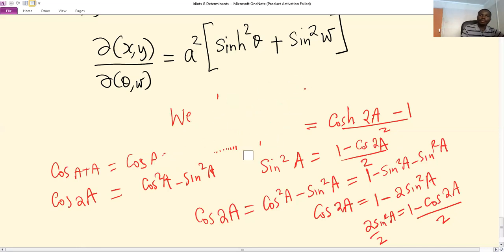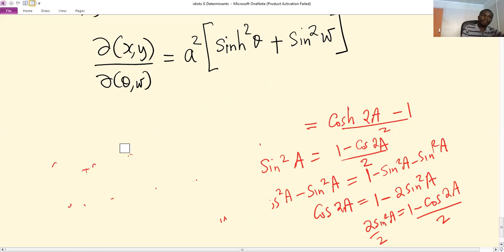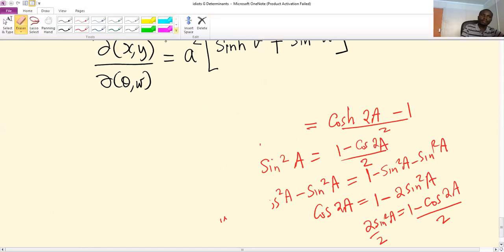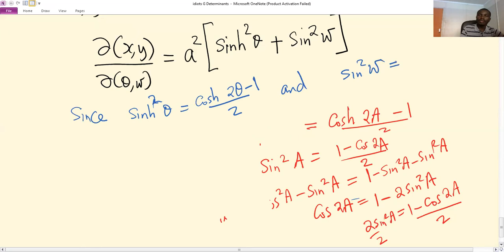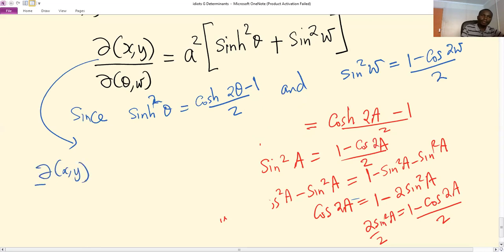So from these two relationships, since hyperbolic sine squared of theta is the same as hyperbolic cosine of 2 theta minus 1 over 2, and from what you've shown here, sine squared omega is given by 1 minus cos 2 omega divided by 2, then this Jacobian, partial x, y, partial theta, omega, equals a squared.